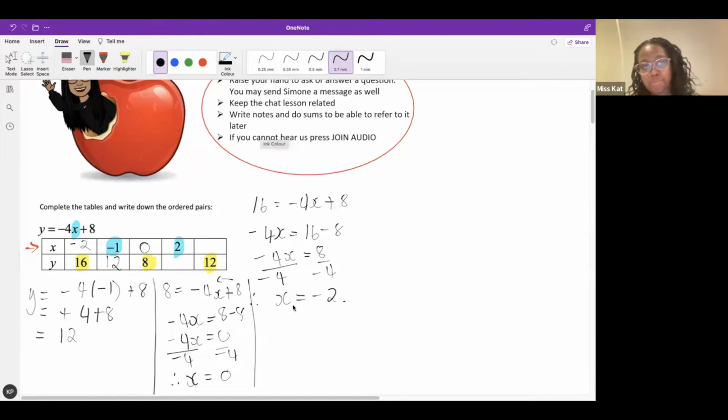So Y equals negative 4 open bracket 2, plus 8. Then it's negative 8 plus 8, which is 0.